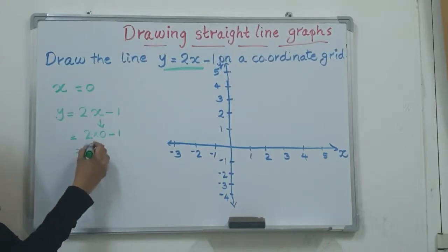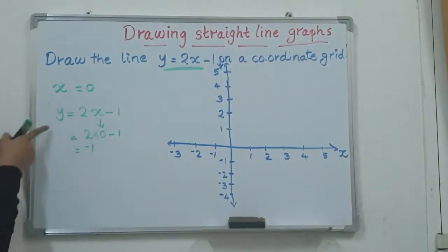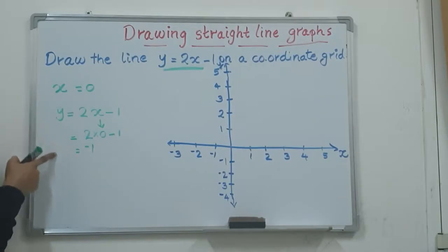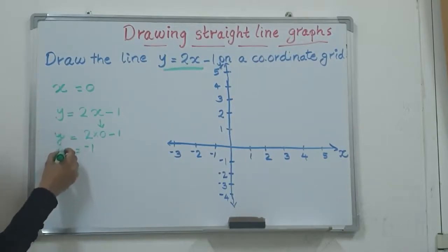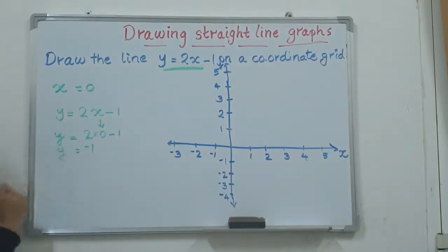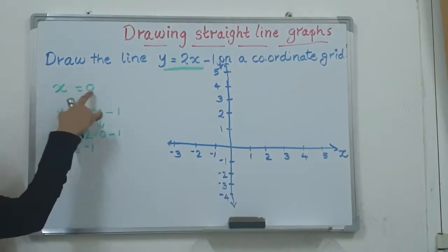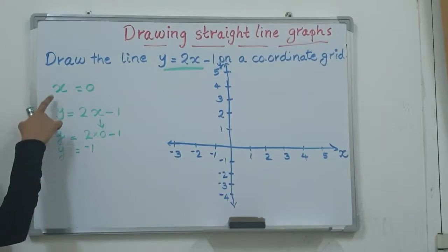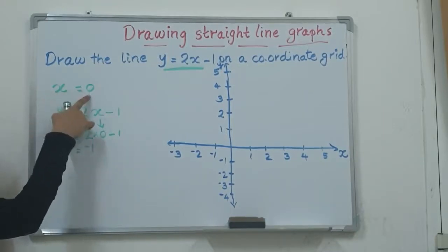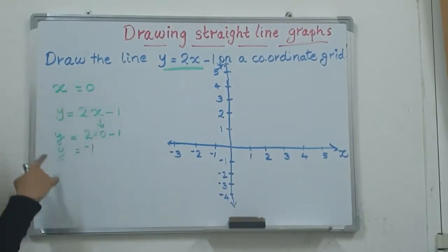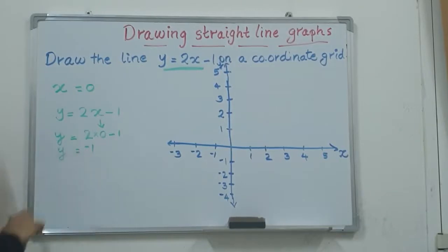You will get negative 1. So y equals negative 1 is the value when you have chosen x as 0. When x is 0, the corresponding value of y is negative 1.